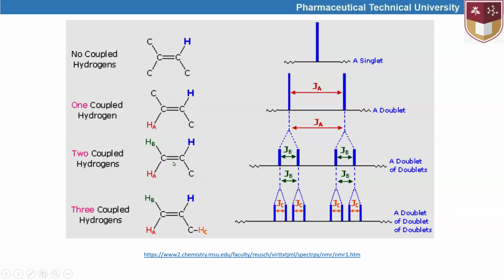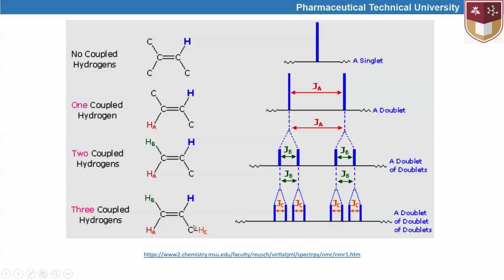And when we have two adjacent hydrogens, one coupled hydrogen coupled with this one, and two hydrogens coupled with this one, it develops this kind of signal, a doublet of doublet.